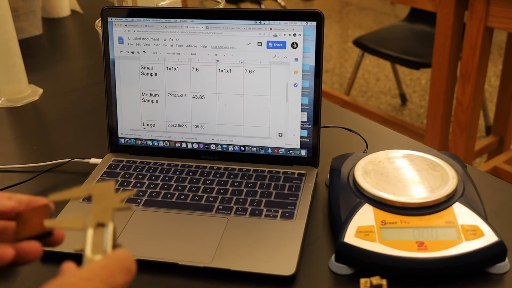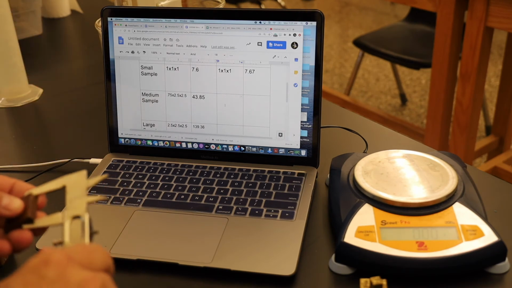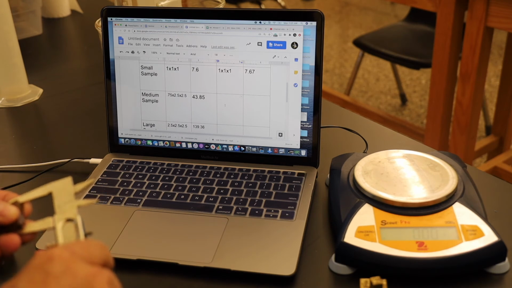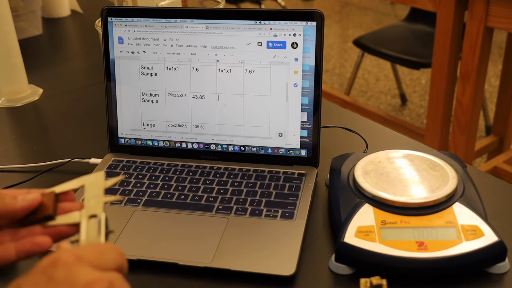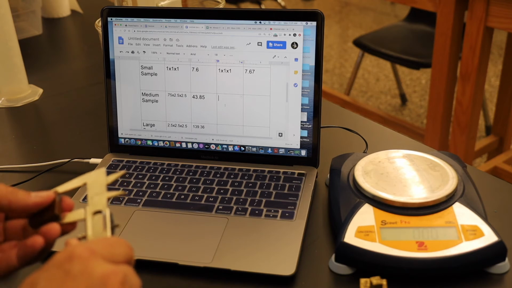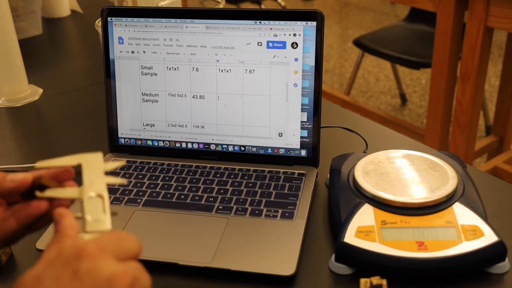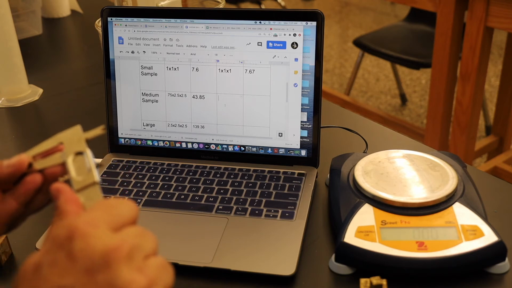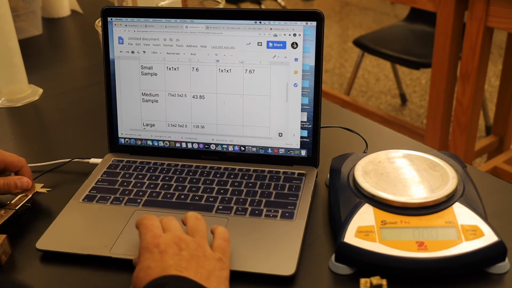My next largest sample, my medium sample, is 2.5 centimeters by 2.5 centimeters by 0.75.